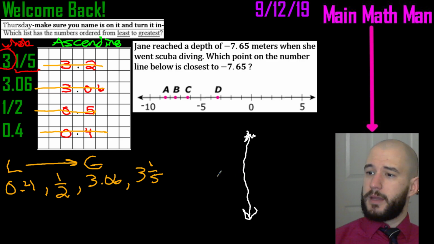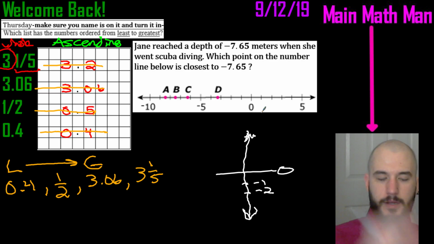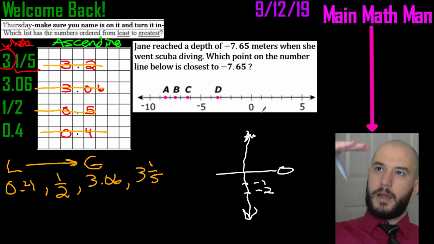You can say, right in the middle is 0, so that would be sea level. And so we're going in the negatives now, so this would be -1, -2, and so on and so forth. If you need to think of it like that, you can say, I'm going further down, so which one would that be?